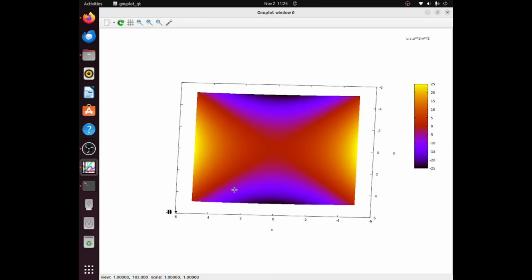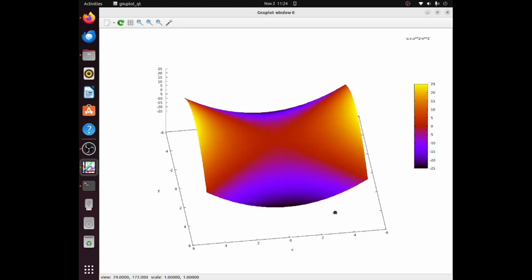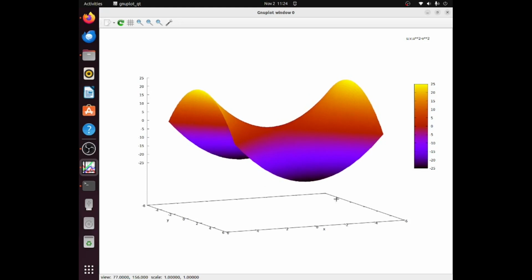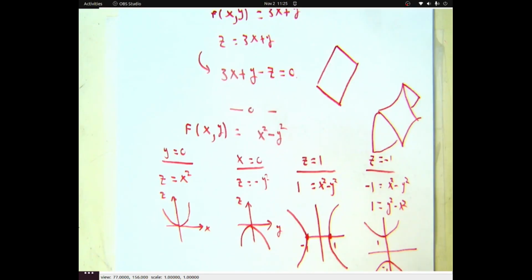Hyperbolas down below orientated one way, hyperbolas up above orientated the other way. So this actually does look like the description that we gave. For obvious reasons, people often call this the saddle surface. Having had the computer-generated picture in front of me, I can draw in my feeble hand-drawn attempt at drawing that surface.